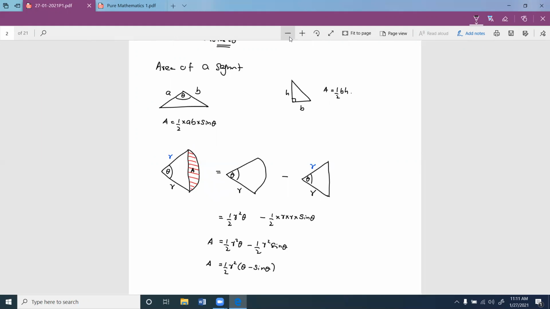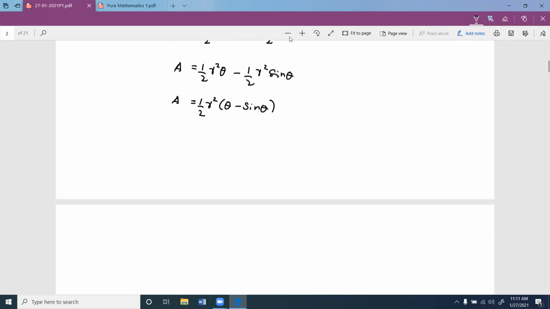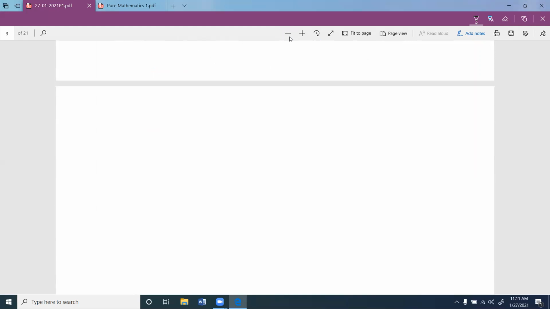And you can try this kind of context to get the answer for the area of a segment. Let's go ahead with the question. We will come up with a question somewhere like this.